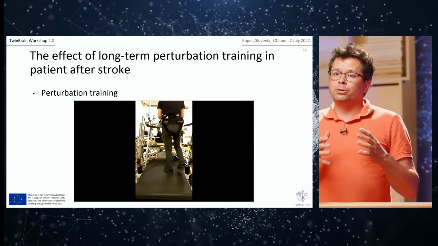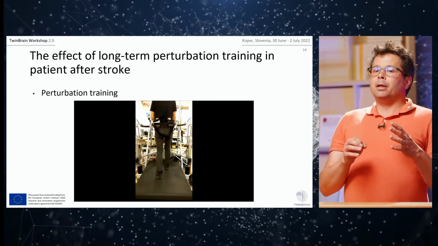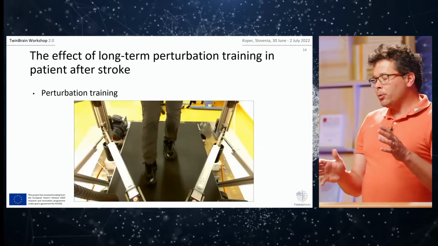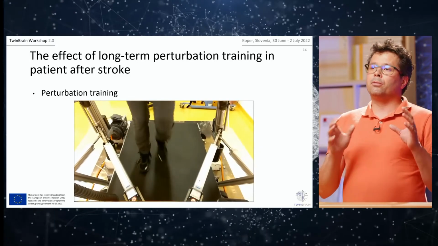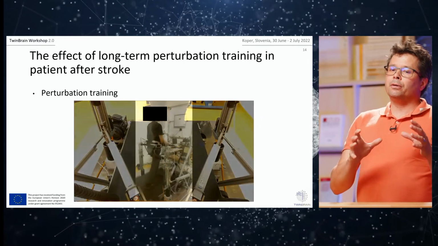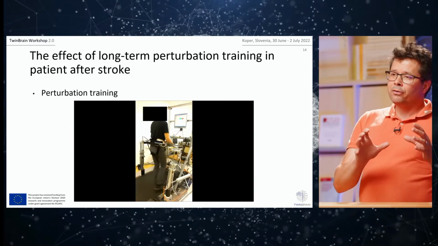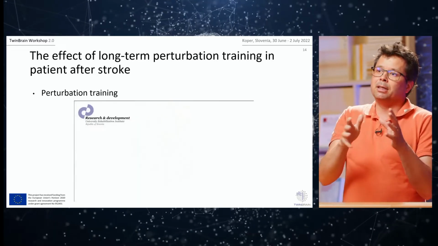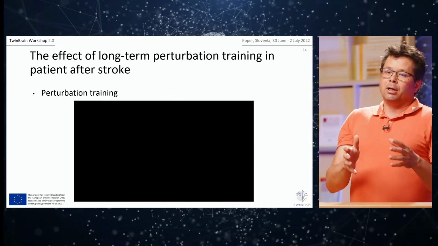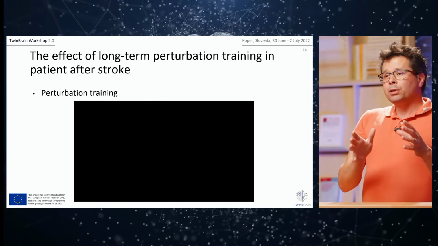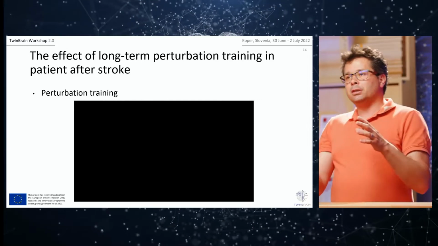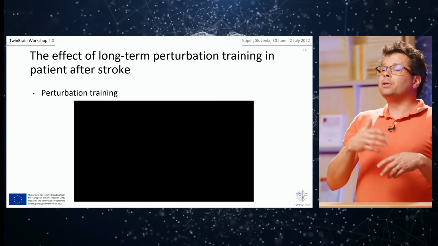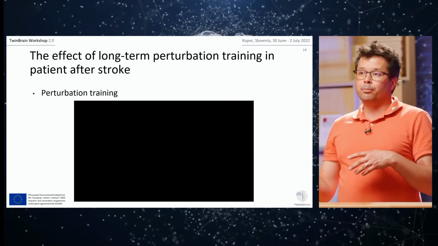So what we wanted to see is, at the time of the right foot strike, what happens if we apply a soft perturbation that is not an impulse, but lasts over a certain period of time, let's say half of the support phase, forcing the subject to shift the weight more to the paretic side.